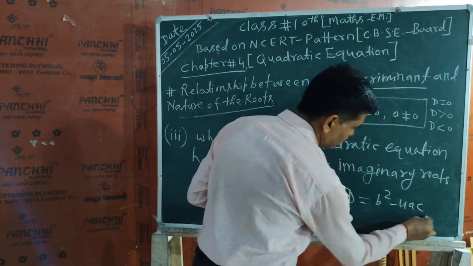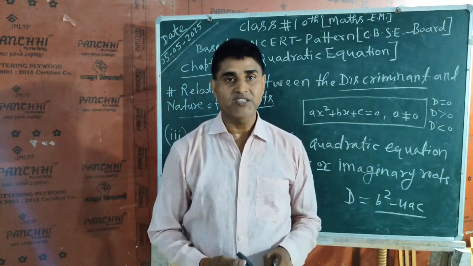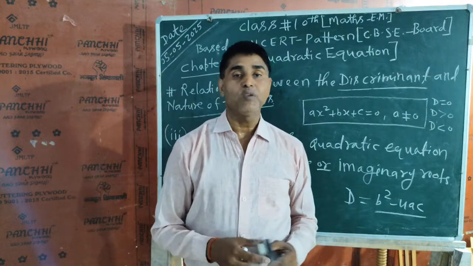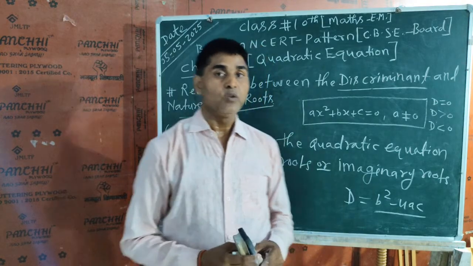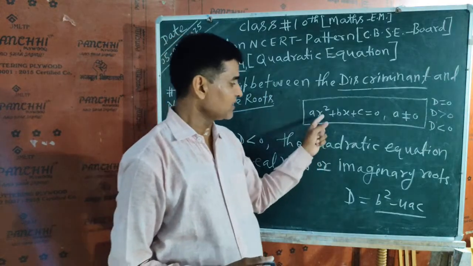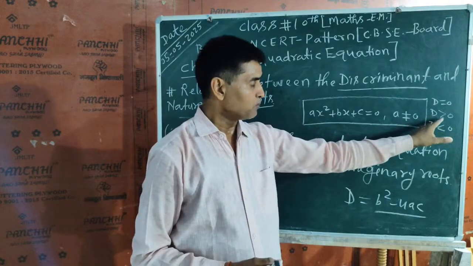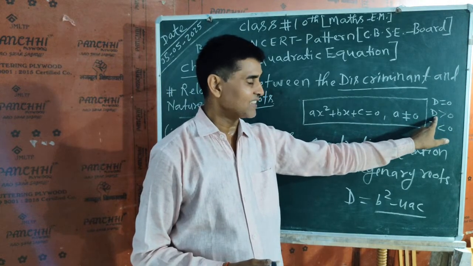So I will calculate its value. After calculating its value, I will say that is the value of the discriminant. But there is a condition: if a quadratic equation has real and equal roots, so find the constant term which is written in the quadratic equation. Again I will calculate its value, and if both roots are real and distinct, so I will use this. This is the second condition.